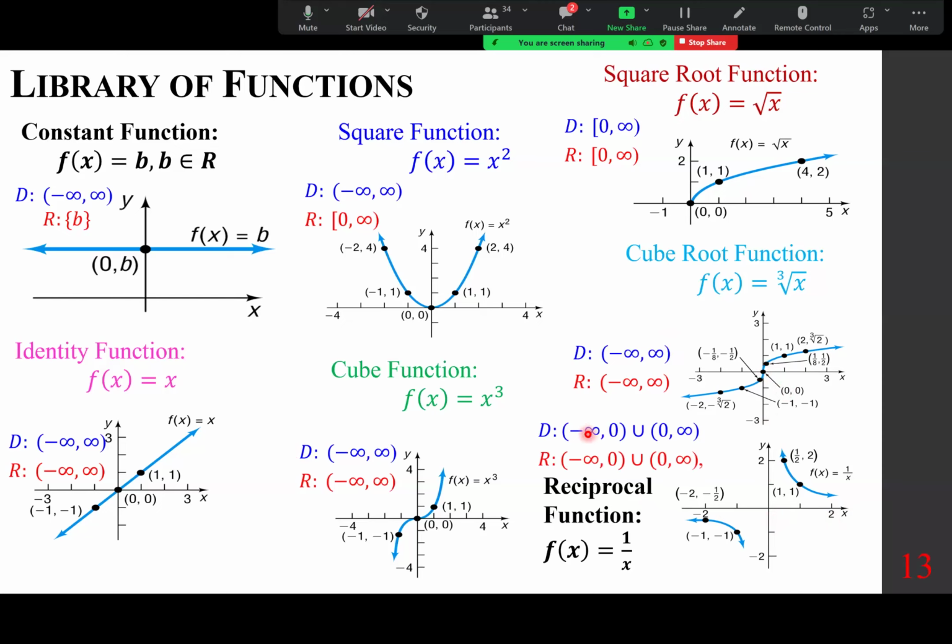We say the domain is from negative infinity to 0, union 0 to infinity. You have parentheses to exclude 0. Range is the same thing. That means along the y-axis, of course. Negative infinity to 0, union 0 to infinity. You set it up in this manner in order to exclude 0.